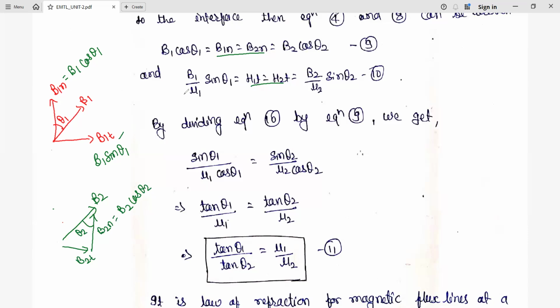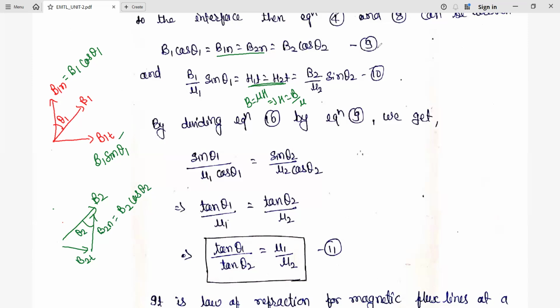So for the tangential component we have B1 by mu1 sin theta 1. This is written for the magnetic field intensity. We have already B equal to mu H, so H is B by mu, and on the basis of that it is written.